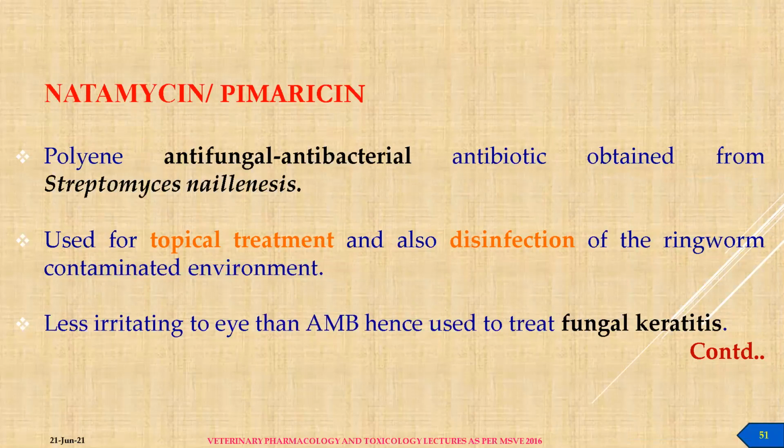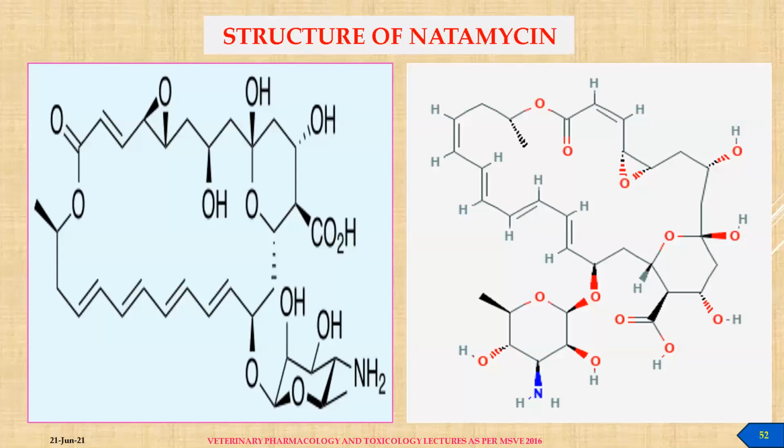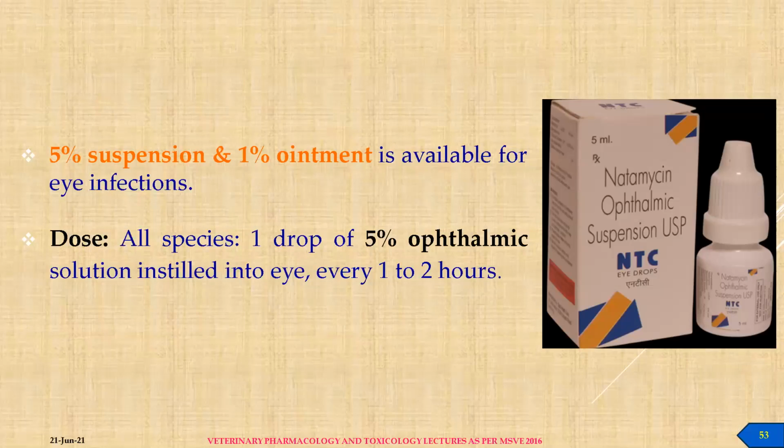It is less irritating compared to amphotericin B and is used to treat fungal keratitis or dermatitis induced by fungus. The structure of natamycin is like this. A 5% suspension, ophthalmic solution, and 1% ointment are available for eye infections.